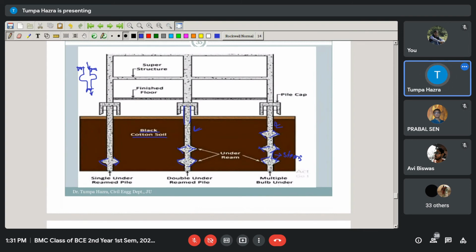But since the adjacent soil is expansive in nature, to provide proper anchorage against this expansion or shrinkage, some portions of the stem are enlarged. And that is known as a ream. There may be a single ream, a double ream, or multiple reams, depending on the bearing capacity of the soil as well as the load of the building.